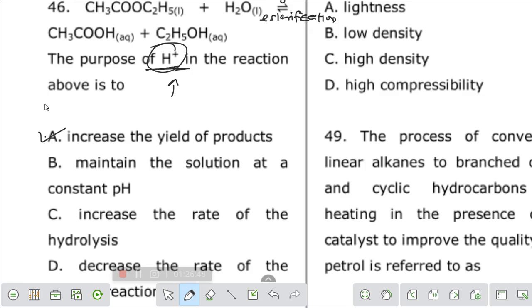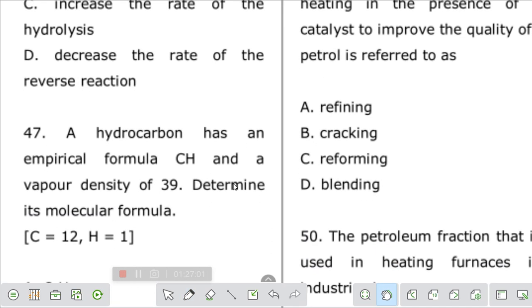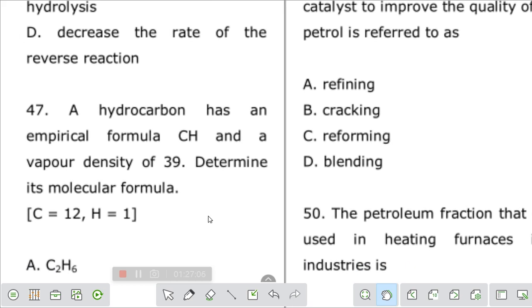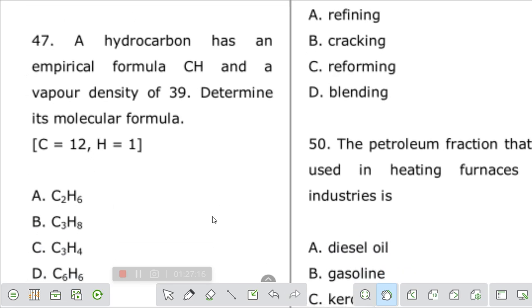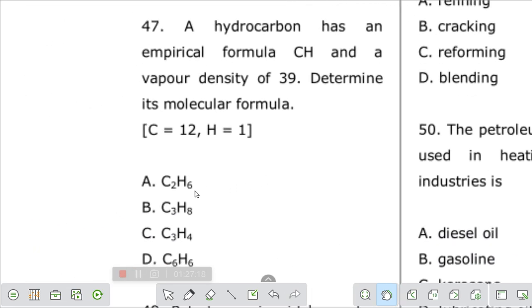So we're almost done. So number 47. So this one is actually a question on molecular formula. I'm so happy that all these things that I did not really teach you in the syllabus, that I did not really touch, are actually in these videos.